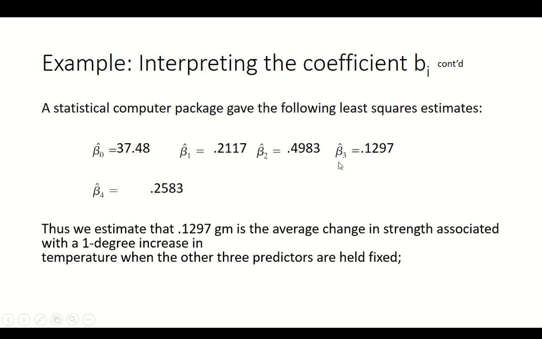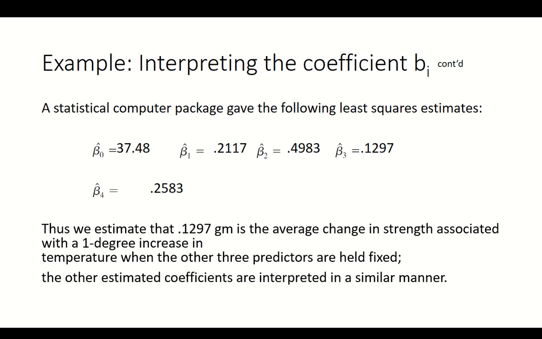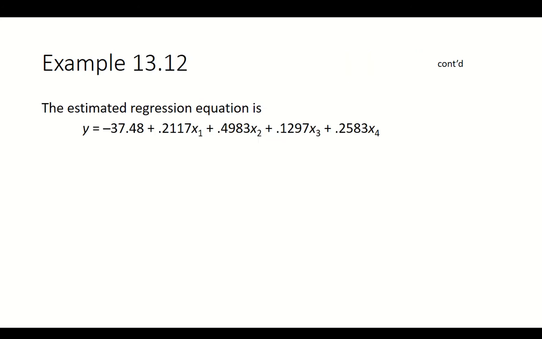Sorry, I was looking at beta 1. So if we increase the temperature by 1, we're going to increase the bond strength by 0.1297. And you do the same. If we increase x1 by 1, we increase the bond strength by 0.217, and so forth.